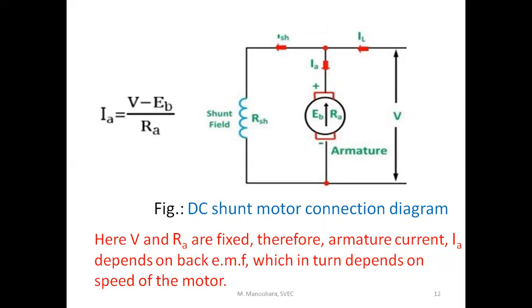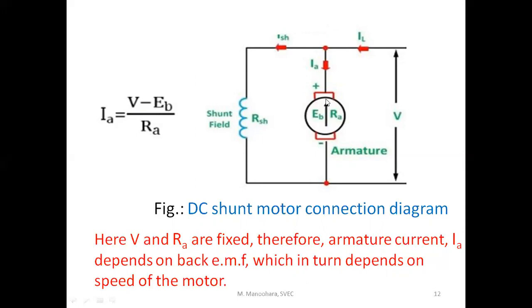Suppose we will see one practical example. The machine is 220 volts rated. Rated current is 20 amperes. And shunt field resistance is 220 ohms. Then shunt field current becomes 220 volts divided by 220 ohms, 1 ampere. Suppose the rotor is rotating at a particular speed so that back EMF is 210 volts. Supply voltage is 220, back EMF is 210, and let us assume armature resistance is 1 ohm. 220 minus 210 divided by 1 is 10 amperes.